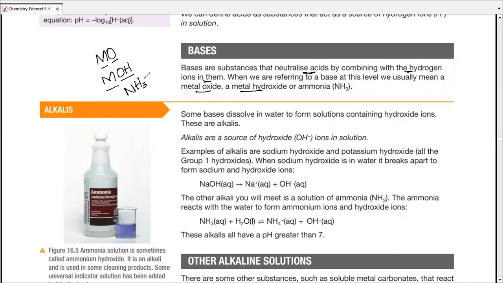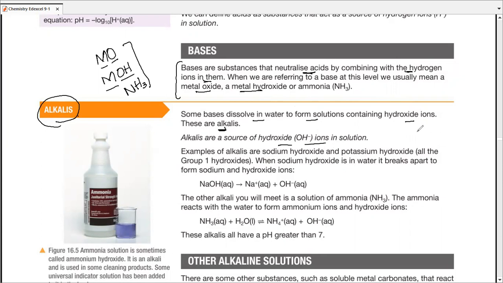So as soon as we get to bases, actually we don't go for them any more than going for alkalis, and these are the specific subcategory of bases which is soluble in water. So if the base is soluble in water, we're going to call it an alkali. And the good part is that alkali is going to give you hydroxide ion. So just like acids were the source of H positive ion, alkalis are a source of OH negative ion.